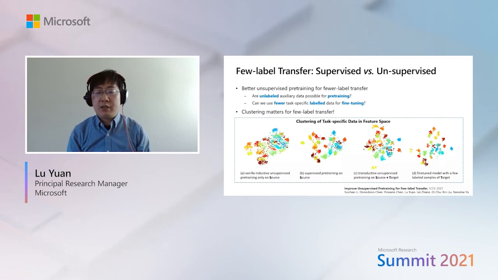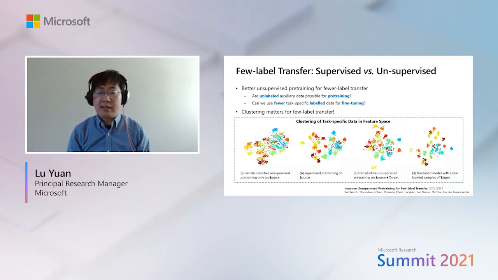The illustration shows the comparison between the feature clustering of target data after applying the vanilla unsupervised model and the supervised model respectively. Clusters cannot be isolated from each other by unsupervised learning compared with supervised learning.